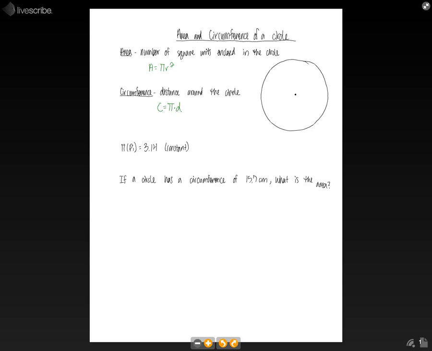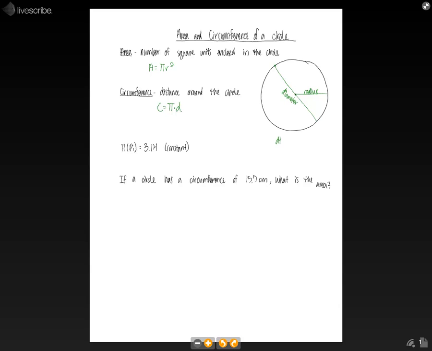If we look at our diagram, when we start at the center of the circle and go to any point on the outside of the circle, that distance is the radius. If we start on a point on the circle and go in a straight line through the center of the circle and continue to the other side, this is the diameter.